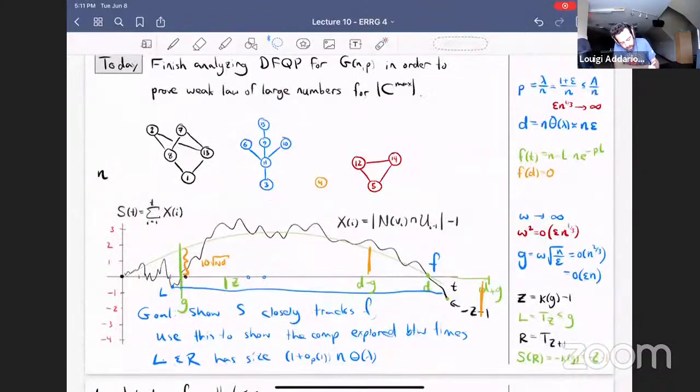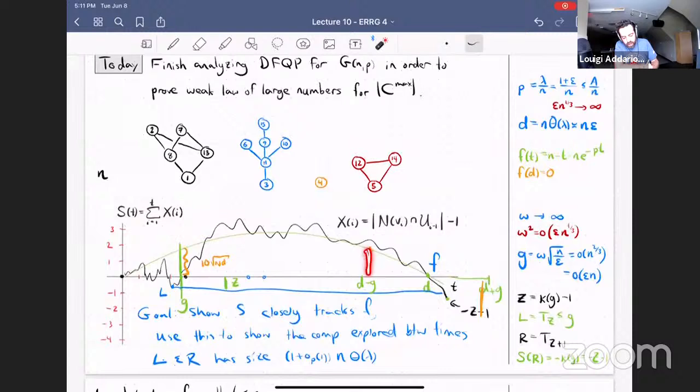I'm trying to get a bound on this height here. The reason I have to be a little bit careful is because f is concave, which means it's bending downwards as I go to the left. I can't just use the slope, but it's bending downwards. So any bound I prove on the left, I'll do better on the right.